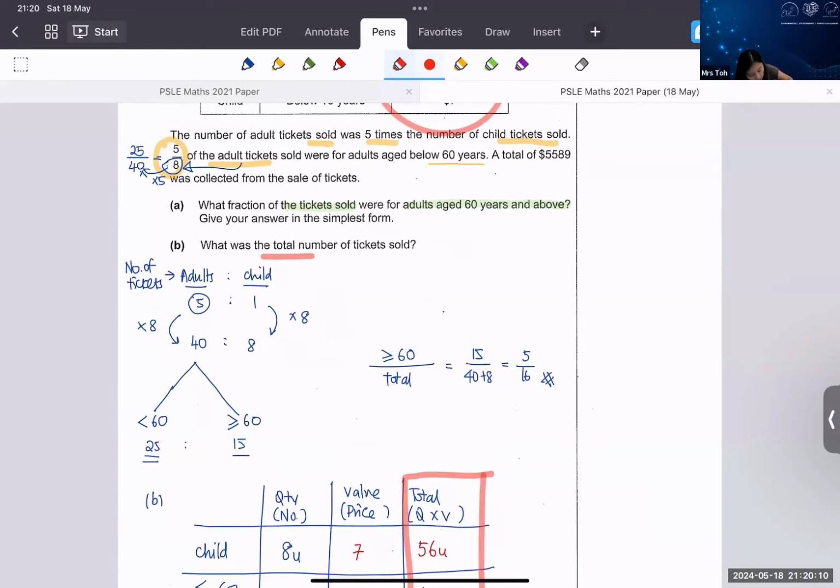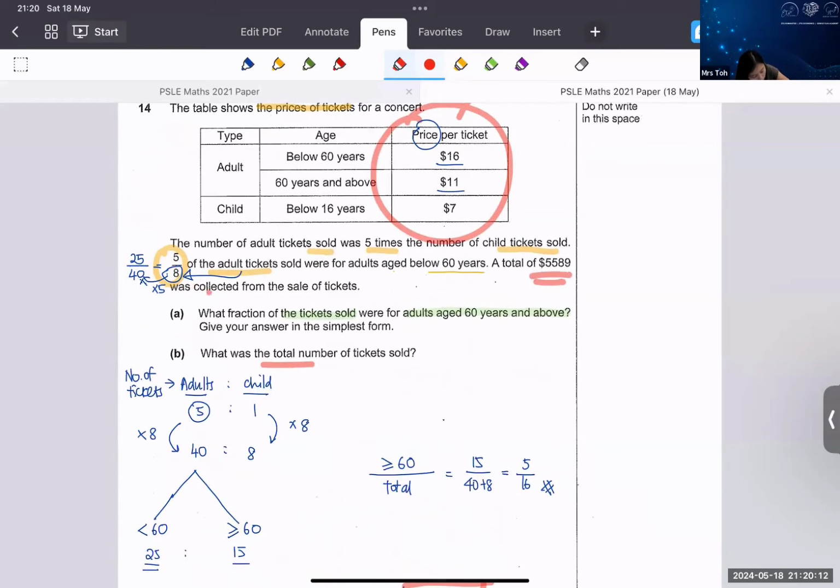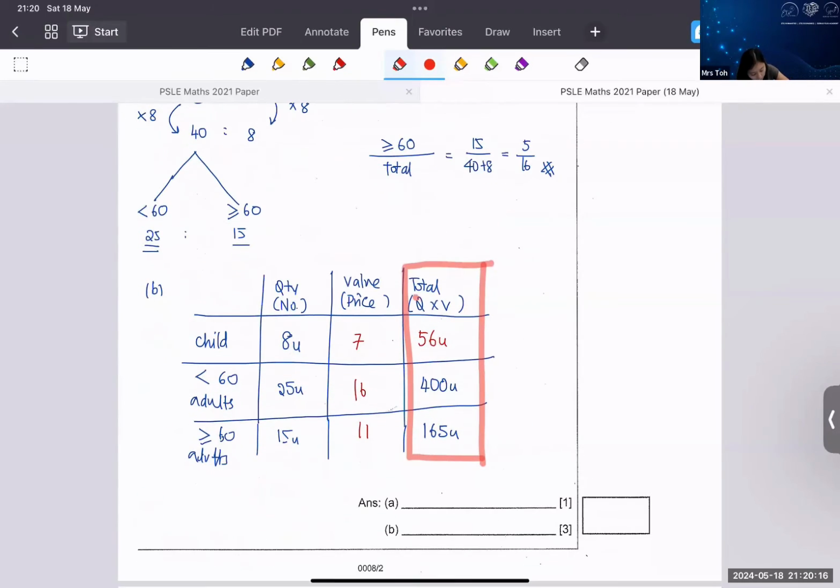So the total tells us the total money collected from the sales. Because this is the number of tickets times the cost of each ticket, it will give you the total value of 56 units plus 400 units plus 165 units. That will give us how many units? 621.